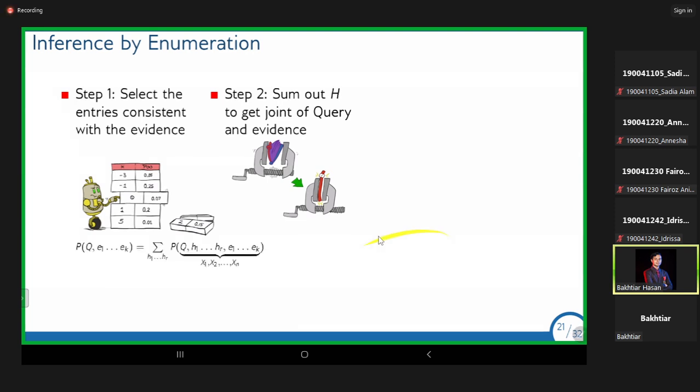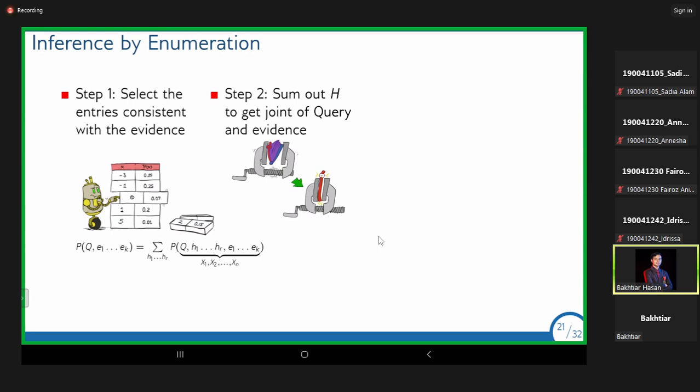The way this happens is that when we get the distribution, we have the value for the Q given all the values of the H and the specific values of the E. We then sum over all the values of H, and everything that collapses together gives us a smaller table.